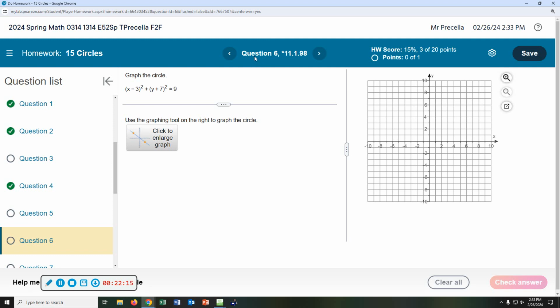Okay, we'll do this one, number 6. They give us the equation (x - 3) quantity squared plus (y + 7) quantity squared is equal to 9. And some teachers that don't use this program don't use it because they say the numbers get too messy. You can't control the numbers. That's right, but it's nice in a way.